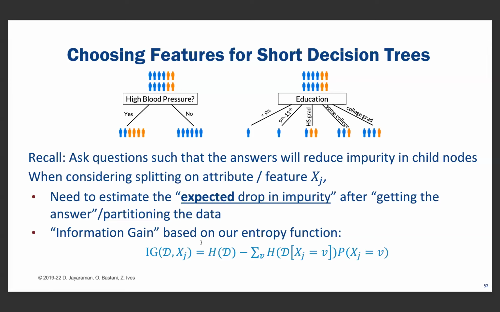And in case we get the biggest gain of information when we do the cut, that cut we do. So it's a very simple logic. Every time you build the tree, you do the cut on the requirement that you should gain the maximum information. That's irrelevant of what the feature is, whether it is high blood pressure, education, or something else.